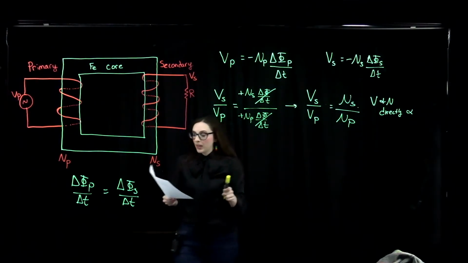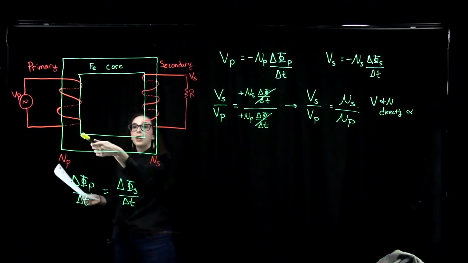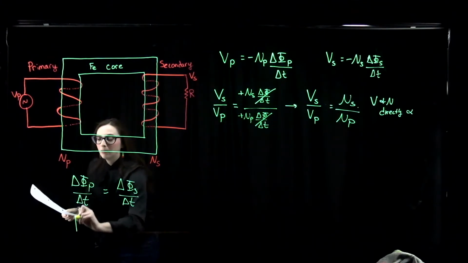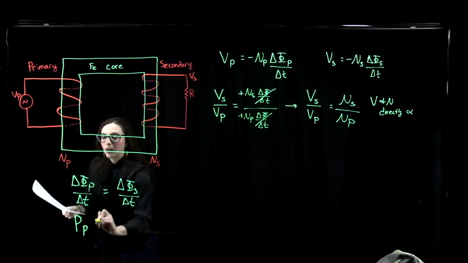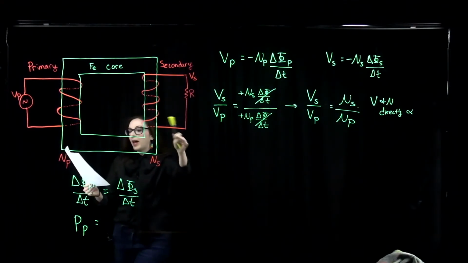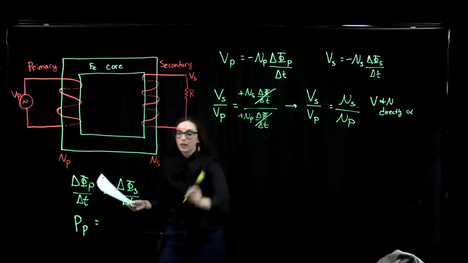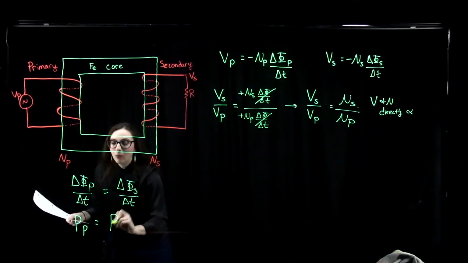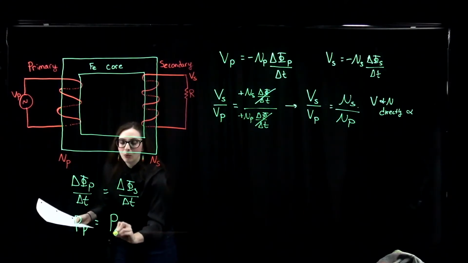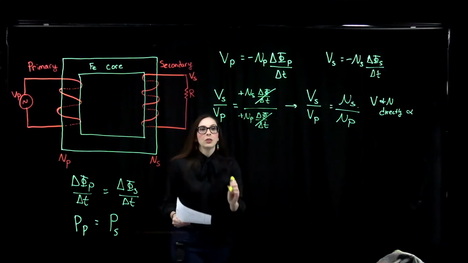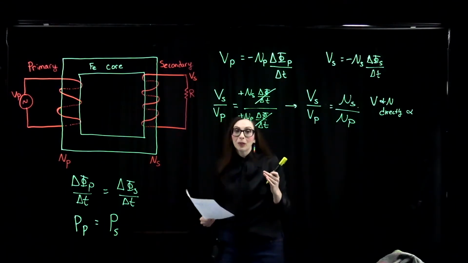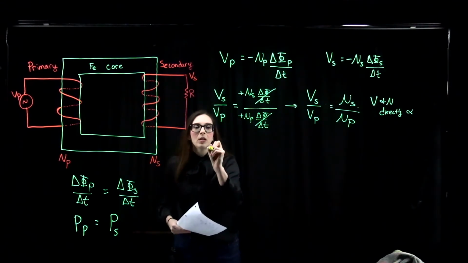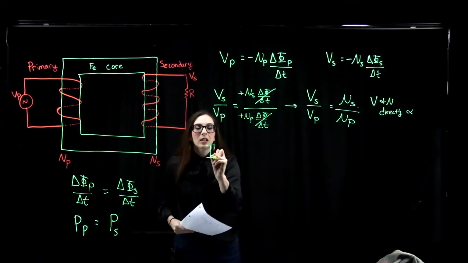Another key is that the power input to my primary coil, so power to the primary, is equal to the power output from the secondary coil. So the power put in is equal to the power you get out. We've got a couple of different relationships for power, but let's use the current times voltage.